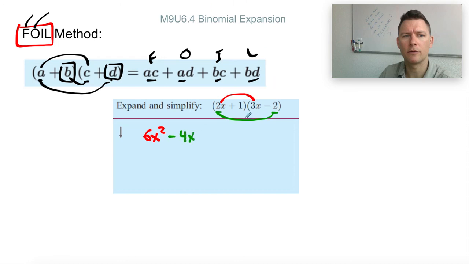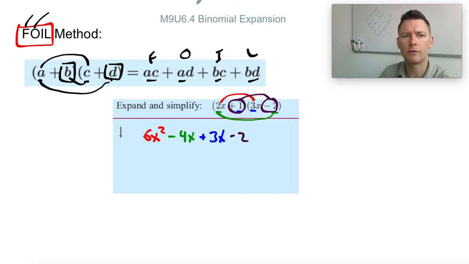The inner bits, the innermost pieces, so there is 1 and 3x. So that's positive 3x. And then last, these two are last in their line. And so negative 2 times positive 1 is negative 2.